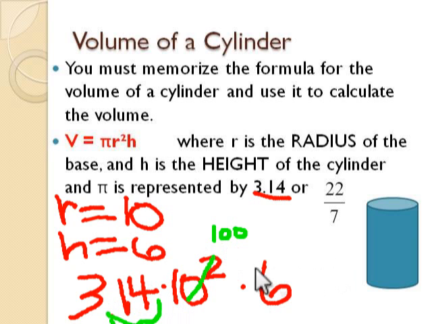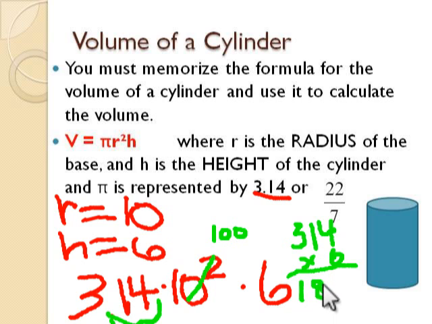And so then essentially we're just multiplying 314 times 6. So 314 times 6, and of course you can use a calculator for this, is going to be 1,884.